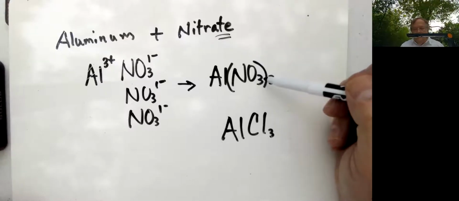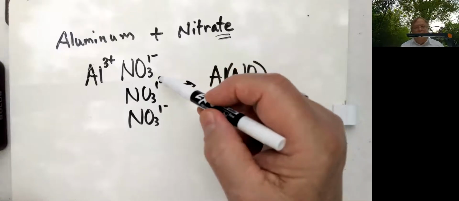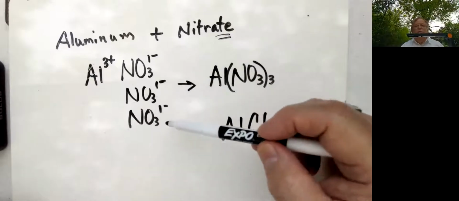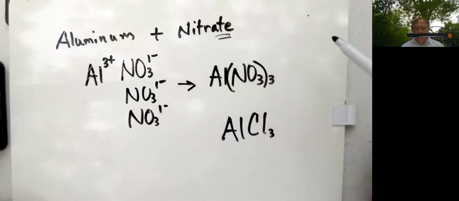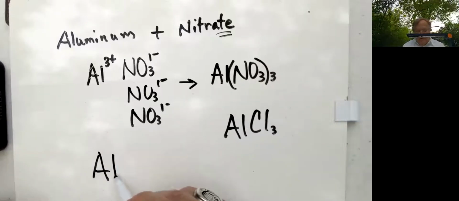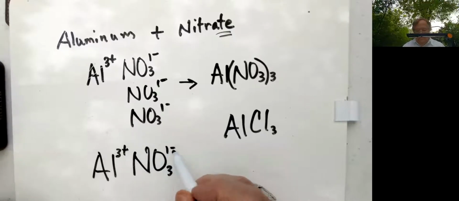This one, people will get confused, I'm afraid. They do every year. This is not -3, it's -1. And you have to have 3 of them to get a -3. So that's the reason I'm saying when you're balancing these, if you need to get them right, use those training wheels.